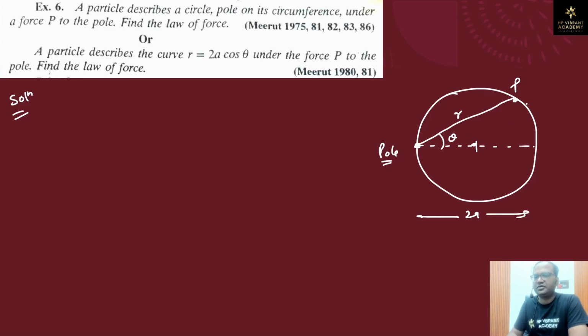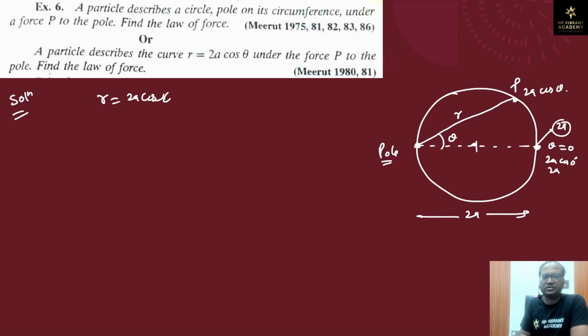So this point will be 2a cos of theta, and we have this point as theta is equal to 0. So this point will be 2a into cos of 0 degree, so this is 2a. Okay, so we have the curve as r is equal to 2a cos theta, and we have r is equal to 1 upon u.